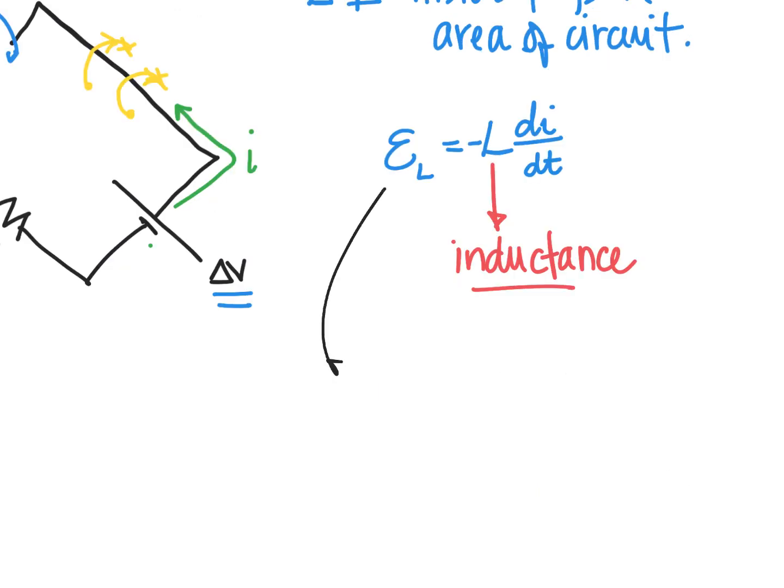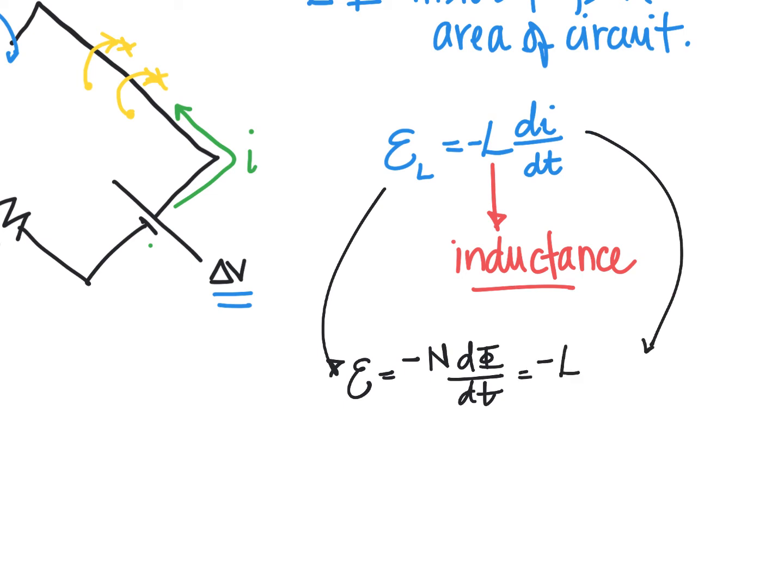So Faraday's law tells us that this EMF would be equal to negative, remember the negative sign, N, number of turns, times d phi dt. So let's set that equal to this side, so equals negative L, the inductance, di dt.